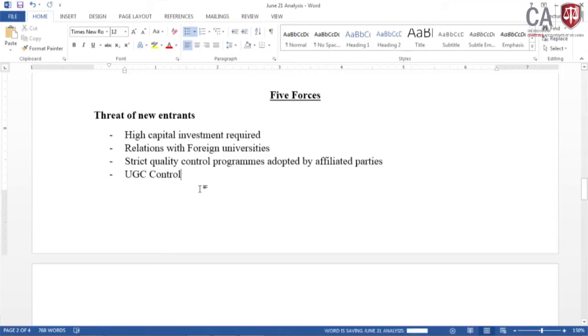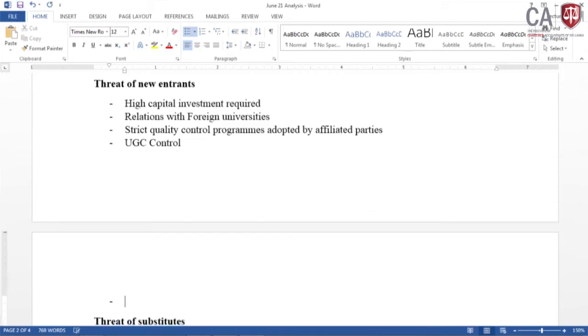If you look at the threat of new entrants, therefore, I will say the threat of new entrants is relatively low. The threat of new entrants is, let's say, medium, not low, medium.